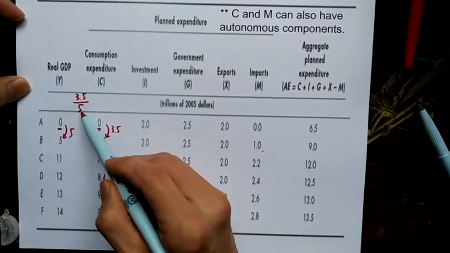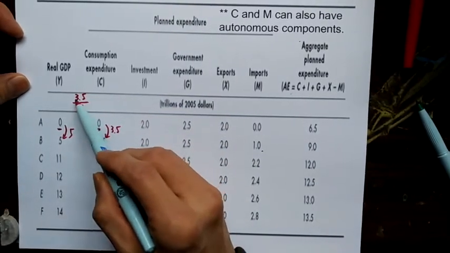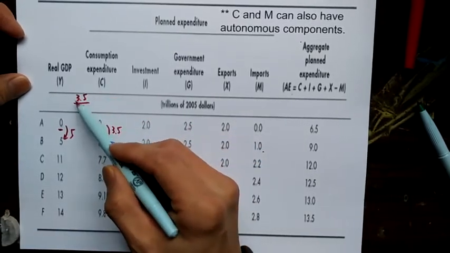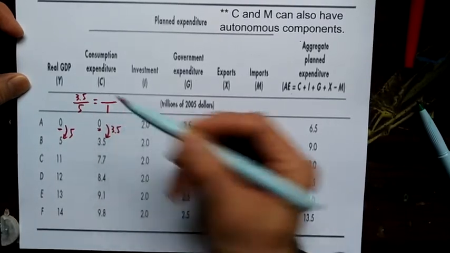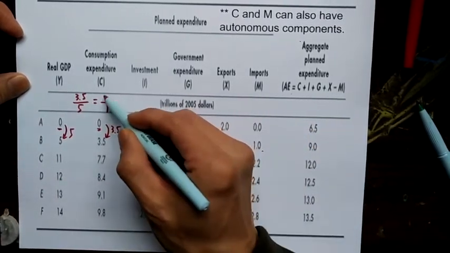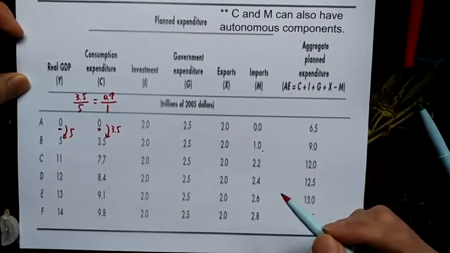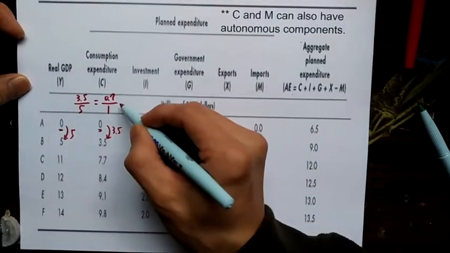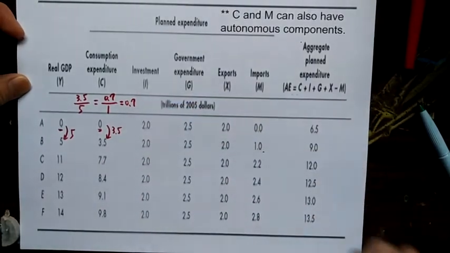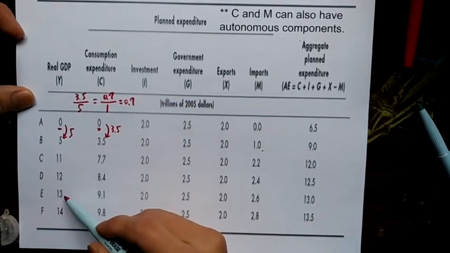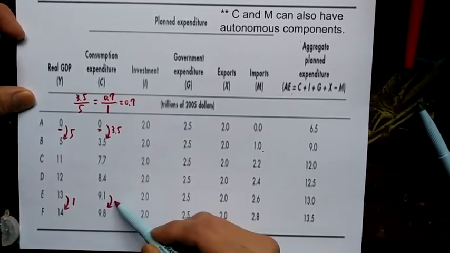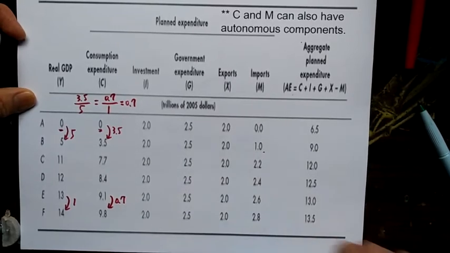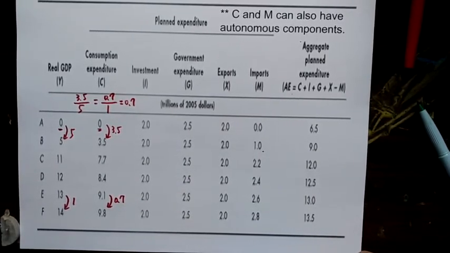That is, if I give you extra $5, you are going to spend $3.5 and save the other 1.5. Then if I give you $1 extra, you are going to spend 70 cents. Therefore, the marginal propensity to consume is 0.7. Let's double check it. When your income increases by 1, your consumption increases by 0.7. So your marginal propensity to consume is 0.7.